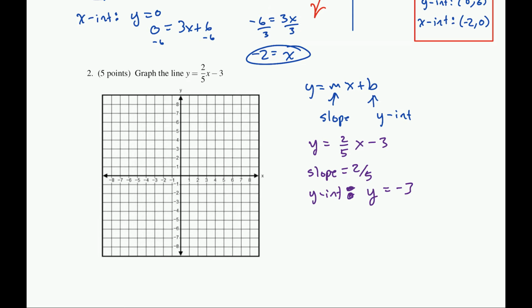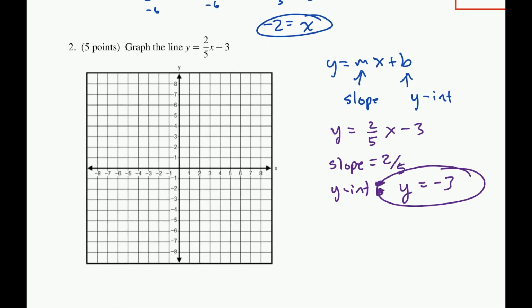So with that information, if we want to plot it, we'll start with the y-intercept, y equals minus 3. So that is right here, minus 3 on the y-axis. So we plot that. And then for the slope, m equals 2/5 means rise over run is 2/5.